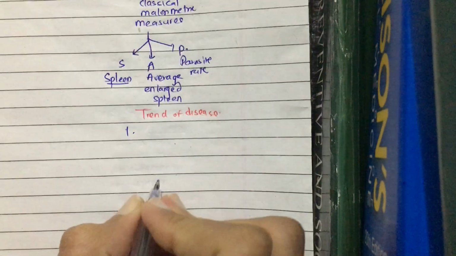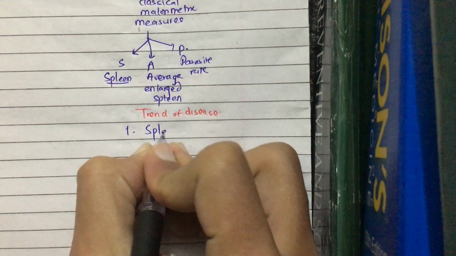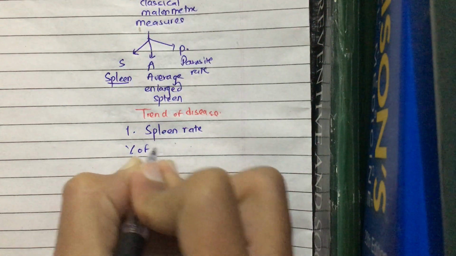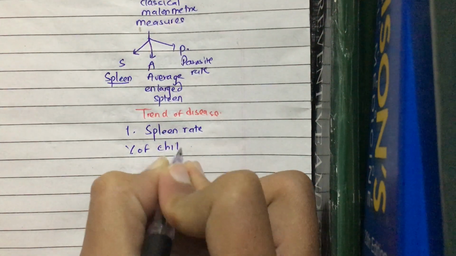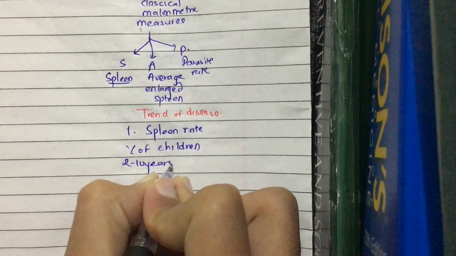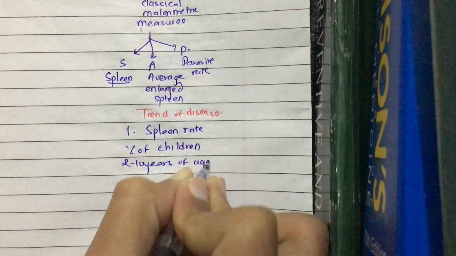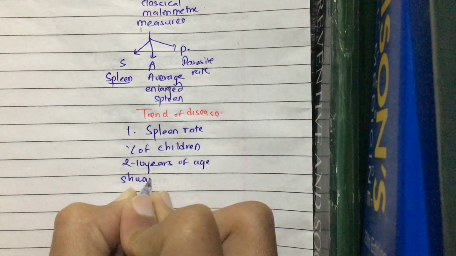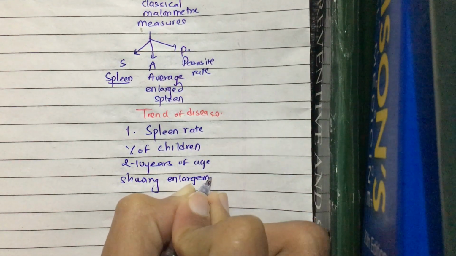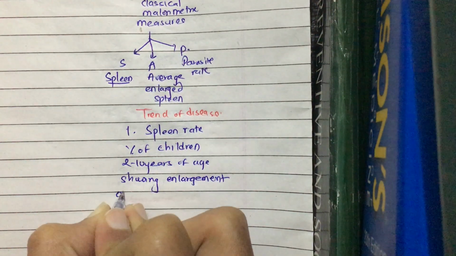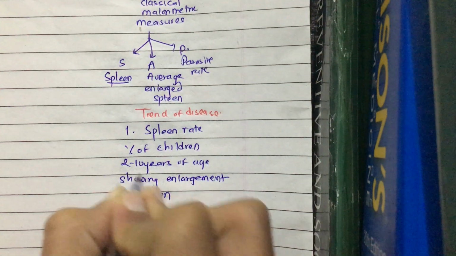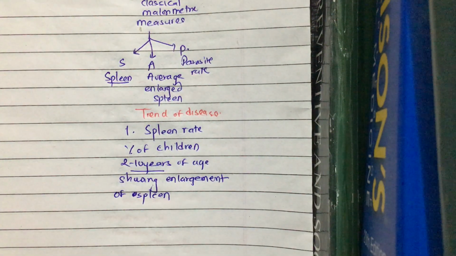First is the spleen rate. Spleen rate means the percentage of children 2 to 10 years of age showing enlargement of spleen. So in spleen rate we measure the percentage of children of 2 to 10 years age showing the enlargement of spleen.